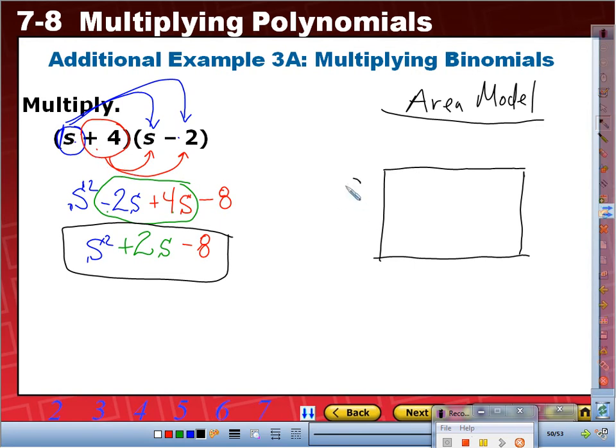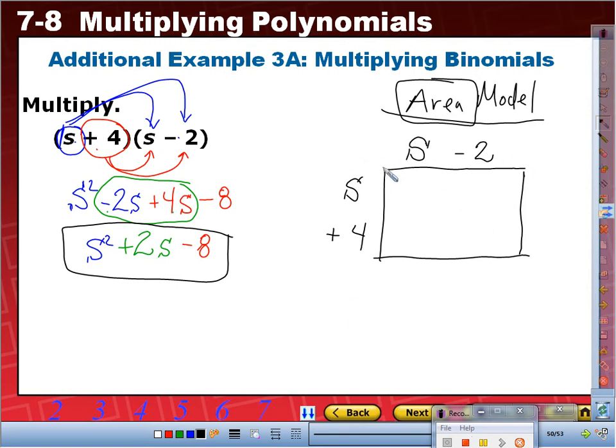And I'm going to write it here, s plus 4. What is my second factor? I'm going to write that over here, s minus 2. And you're saying, why, Mr. Q? Because right now we're going to find the area, and we need dimensions, don't we?